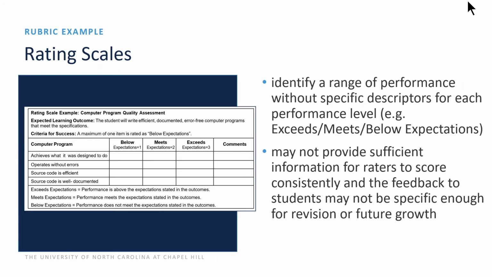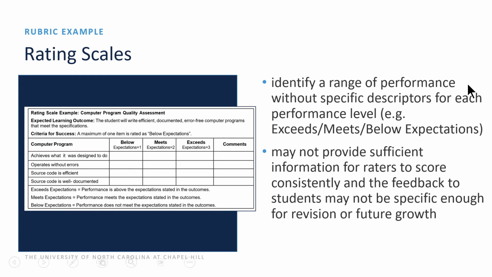And so this can be quick to develop, but it may not provide sufficient information for raters to really score students' work consistently. And again, it may not provide students with enough substantive information for how they should be improving their work to get a better assessment.